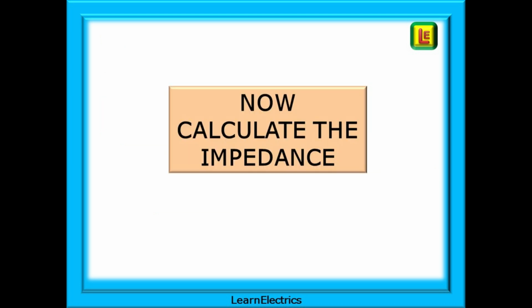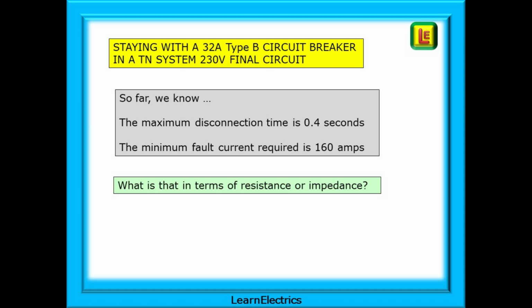We have a time, we have a current. Now we can calculate the required impedance to allow that amount of current to flow. Staying with a 32 amp Type B circuit breaker in a TN system and a 230 volt final circuit, so far we know the maximum disconnection time is 0.4 seconds. The minimum fault current required is 160 amps.